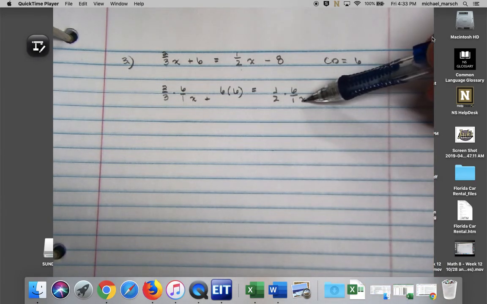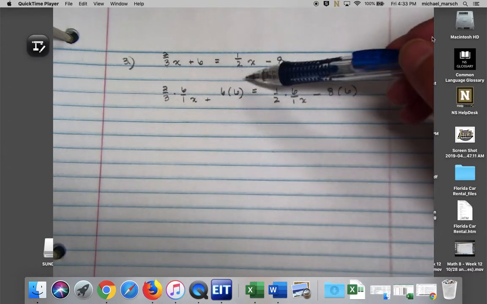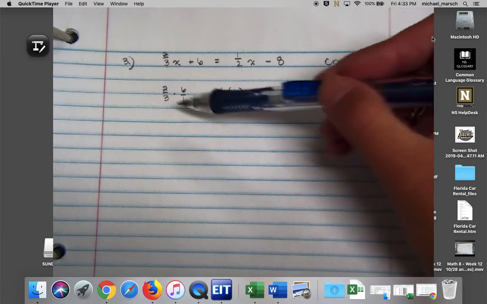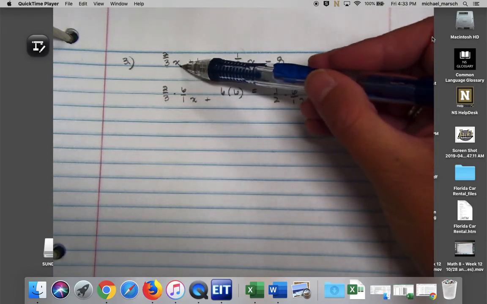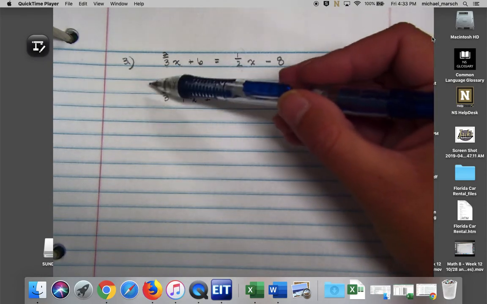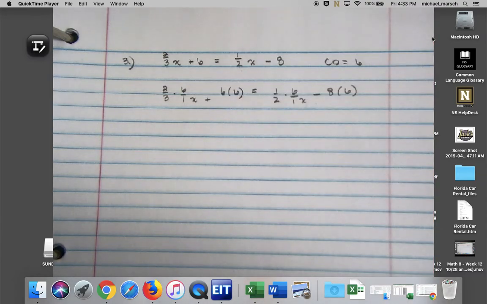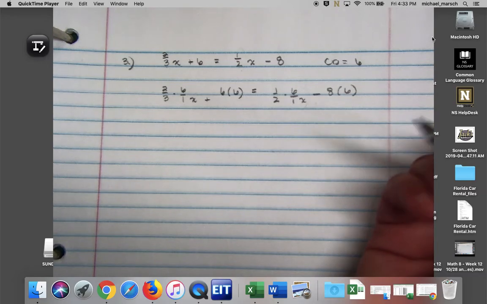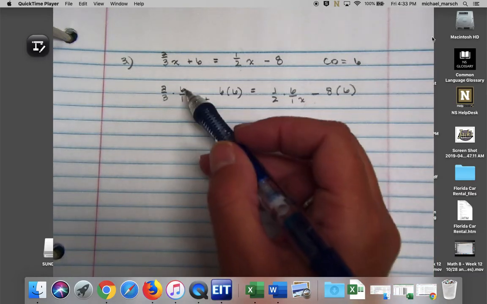And the reason that this x is here is because it was just part of this term, so I have to make sure it's still part of this whole term. Same with here. It was part of this term originally, so I have to make sure it's part of this term in the new form. So now I'm going to do what we did during 7th period yesterday, which was another way of looking at it: we cross-simplified.